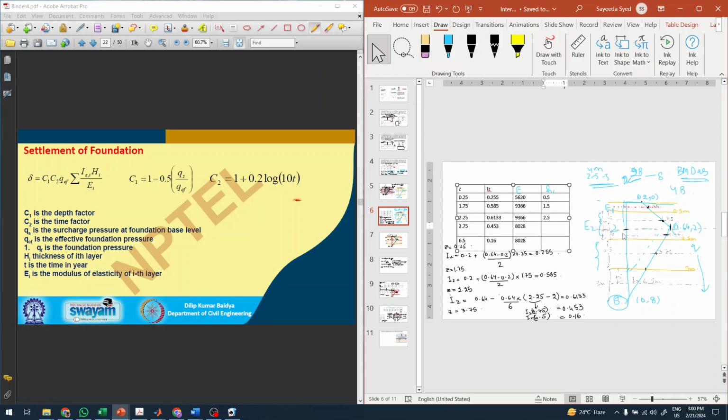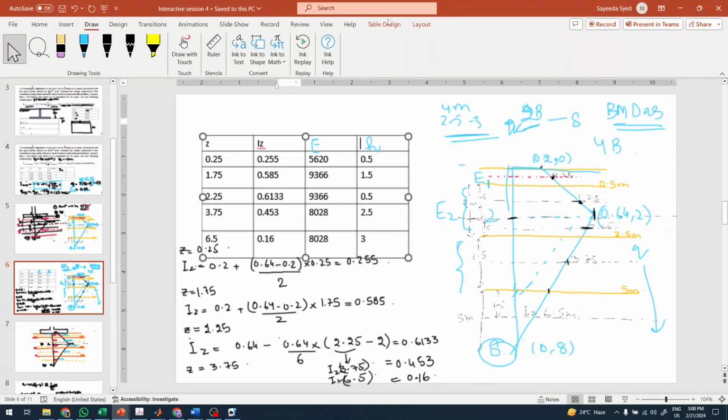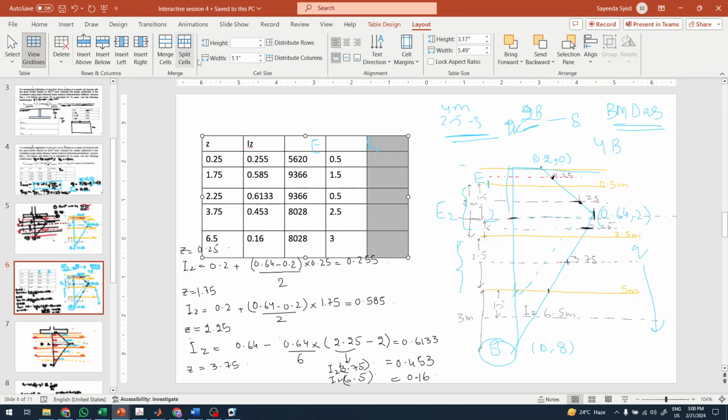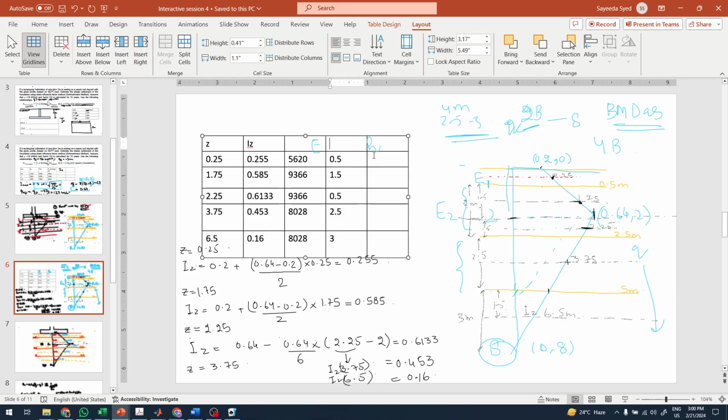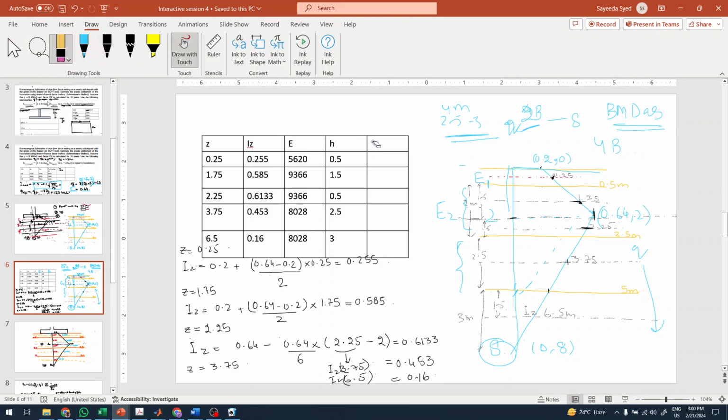Okay, there is an extra layer here, that is 0.5, that we separated this layer into two layers of 1.5 and 0.5, and then we have a 2.5 and we have a 3 meter layer. So this is the H, this is the E.